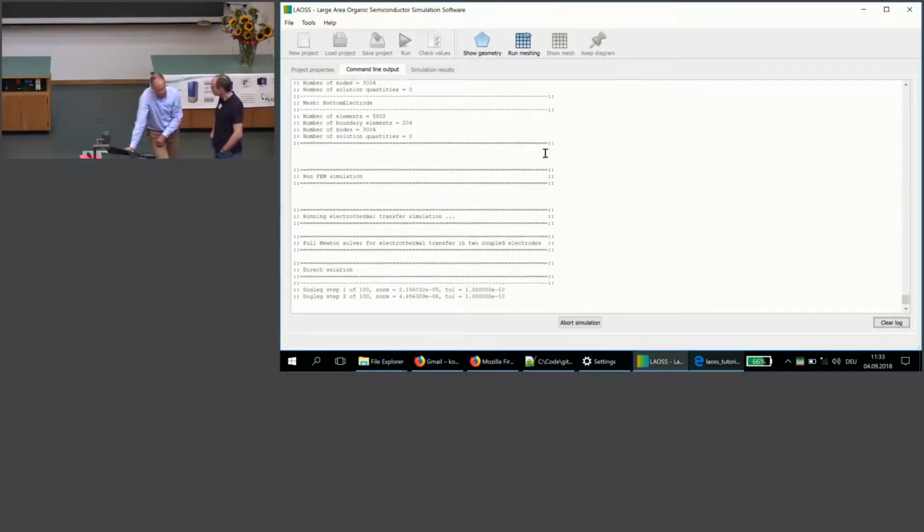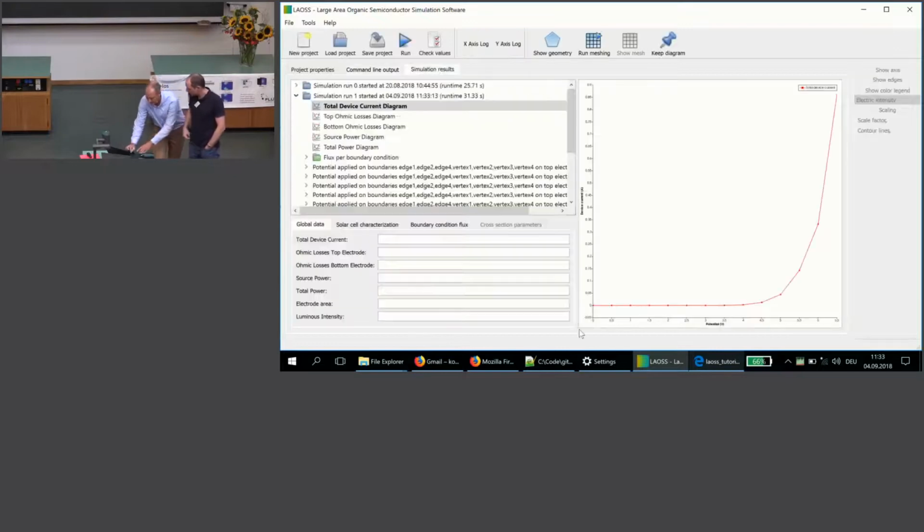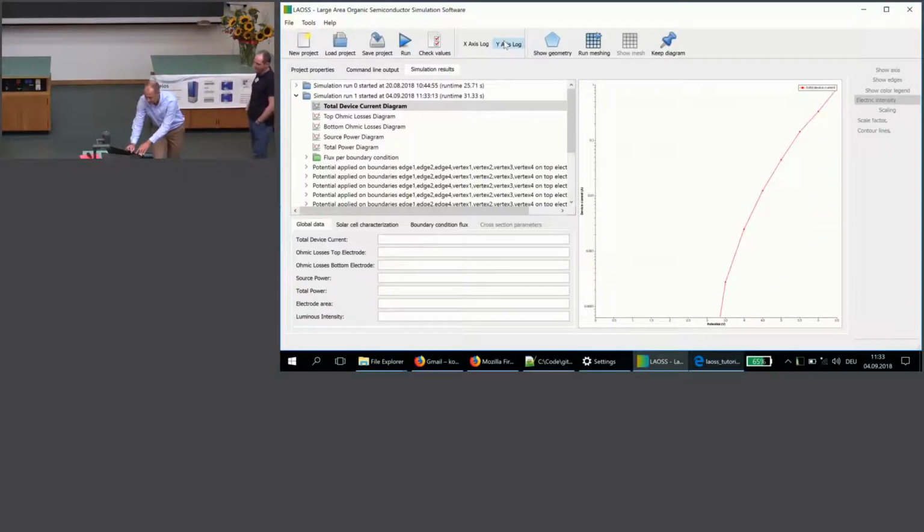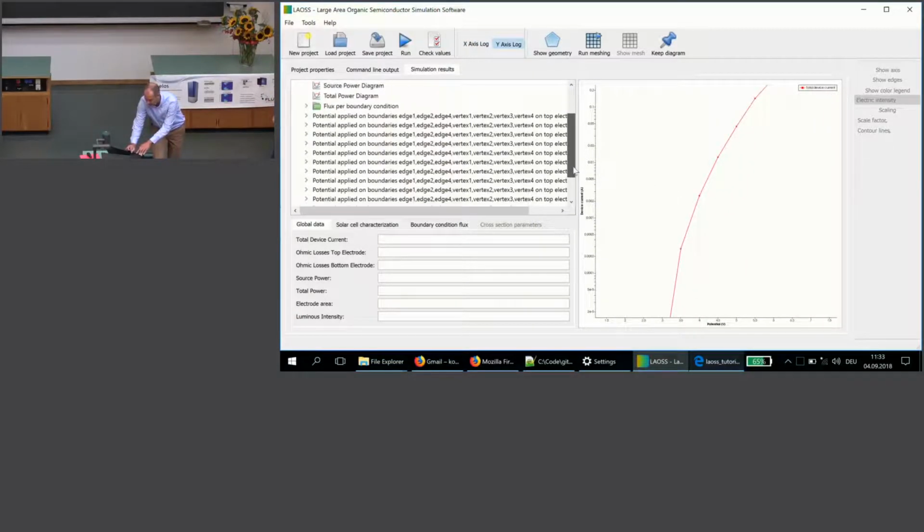The applied voltage. We have a variation, a sweep of the applied voltage and the resulting current.